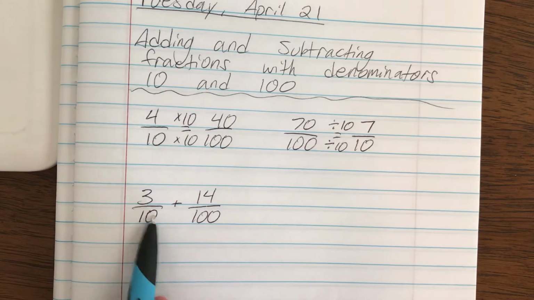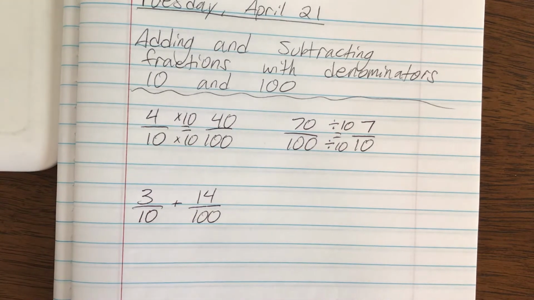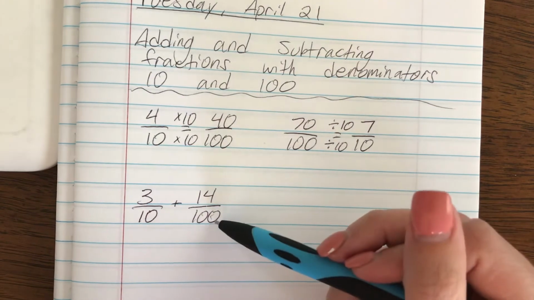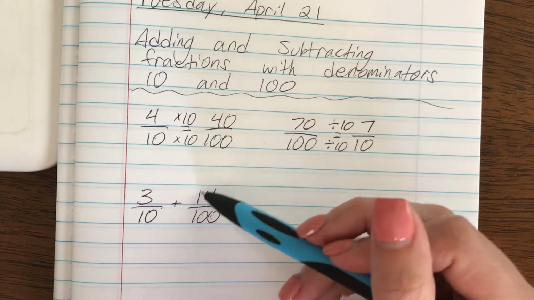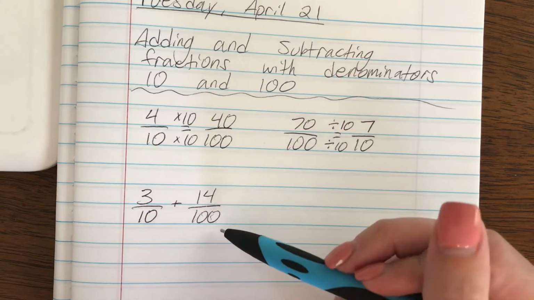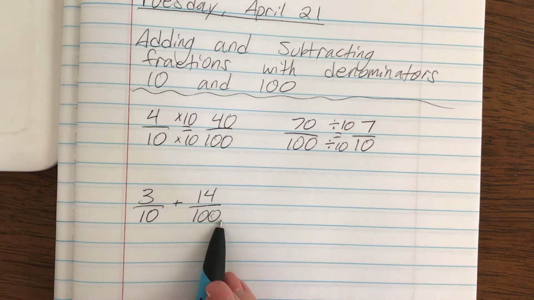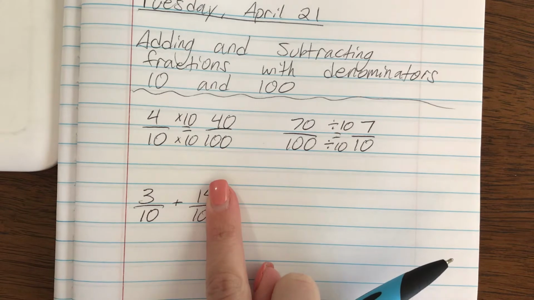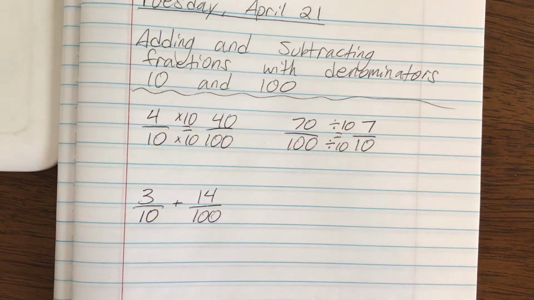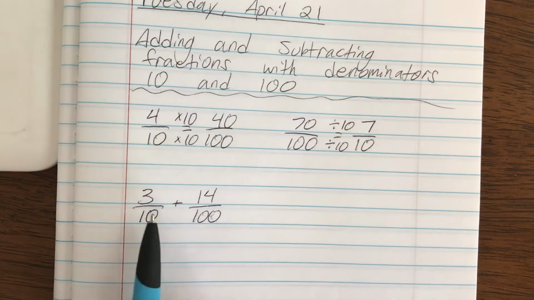Since we have a 10 and we have 100, those are not going to be the same, so we are going to have to change one of them. With our hundredths, since it does not have a 0 on the end of this number, we cannot just cross the zeros off to make it into a tenth. If this had been 10 hundredths, we could have crossed those zeros off to make it 1/10. But since it's not a 0, we can't convert that hundredths. So that means we're going to have to stick with our tenths.